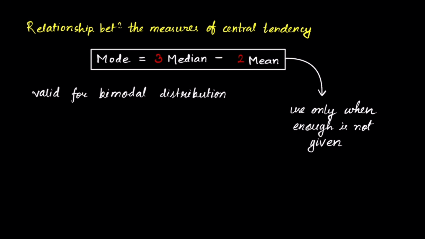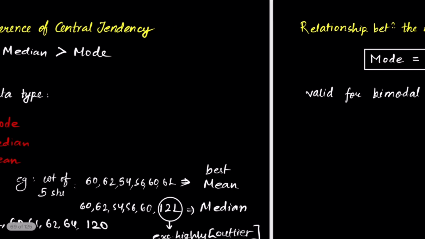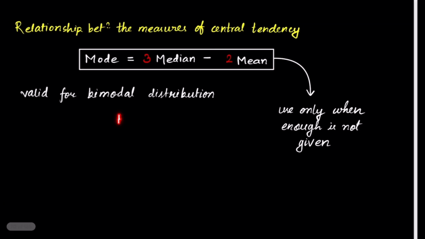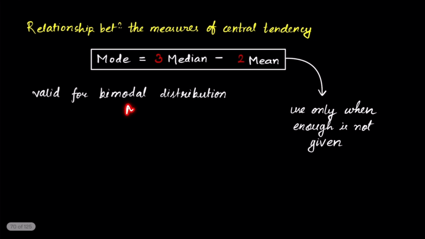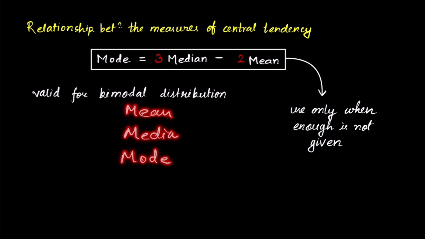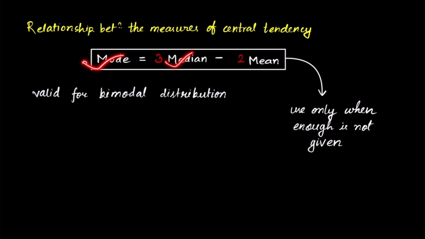Okay, after that, you have a relationship between the measures of central tendency. There are three measures that I taught you: mean, median, and mode. Let's say enough data has not been provided. All you have been given is either mode and median, or mode and mean, or median and mean.